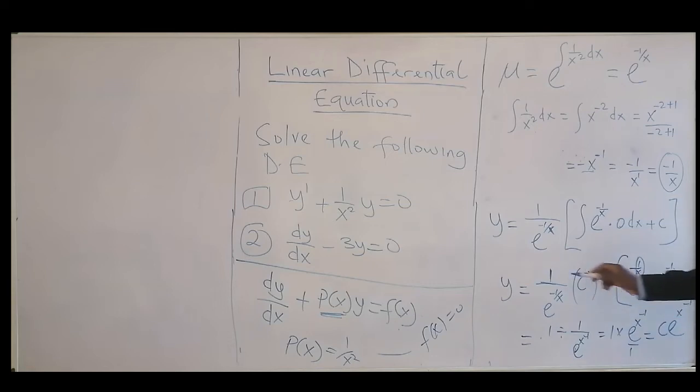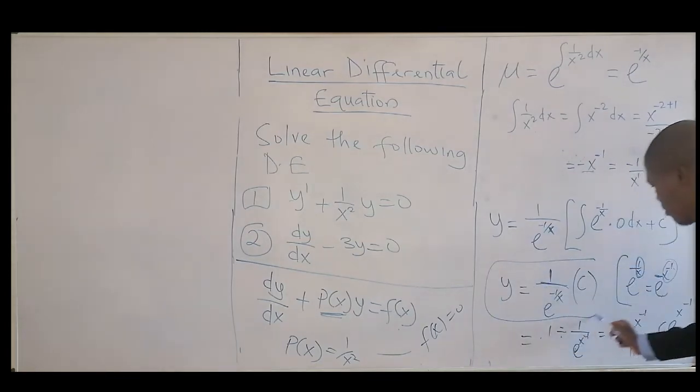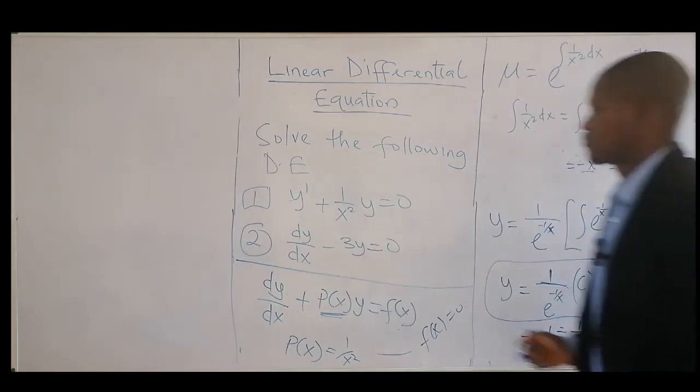So 1 divided by 1 over e to the power of x^-1, you change the division into multiplication, this goes up, and you have this over 1, which gives you this answer. But that's not a problem. You can stop there.